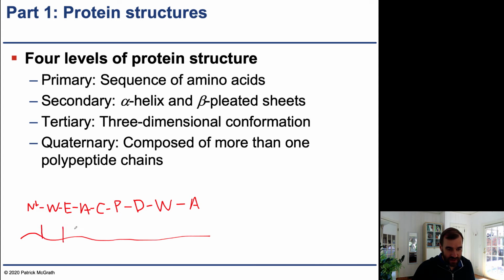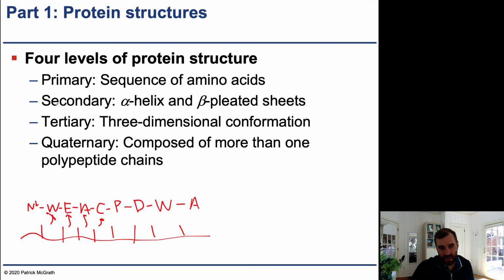Each one of these has 3 codons that were used to encode it. And so you can go from the mRNA sequence to each of the predicted amino acids in the polypeptide chain. So the primary sequence is simply the sequence of amino acids in order.